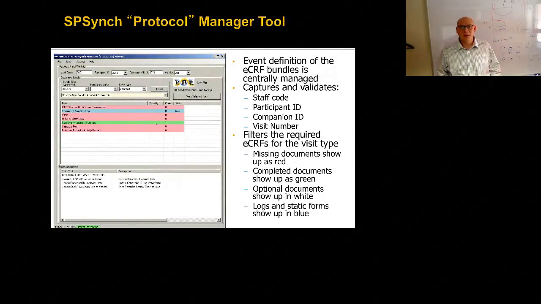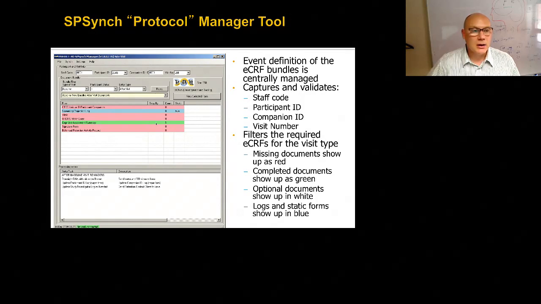Our sync protocol manager, because we have over 1,200 subjects at 32 different sites, and each of those different sites have subtle IRB constraints about which forms are acceptable and which forms are not acceptable, and the fact that this is a longitudinal study where different clinical report forms need to be filled out depending upon which visit you're in.